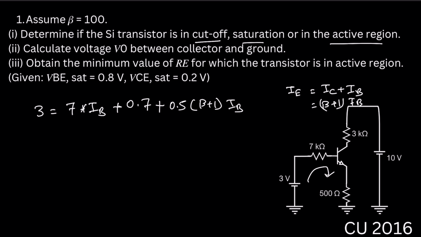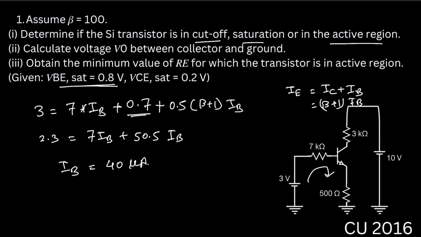And why do we say 0.7 for VBE? As we assume the transistor is operating in the active region, right? Here they say VBE saturation is 0.8 volt, but in the active region it is 0.7 volt. So from here we will get 2.3 equals 7 IB plus 50.5 into IB. From here, IB equals 40 microampere.